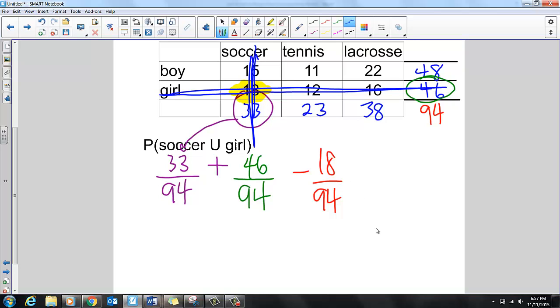So we don't want to count it twice, so we subtract that off there at the end. All right, and this is going to equal 61 over 94, and that is the probability for a person playing soccer or a girl.